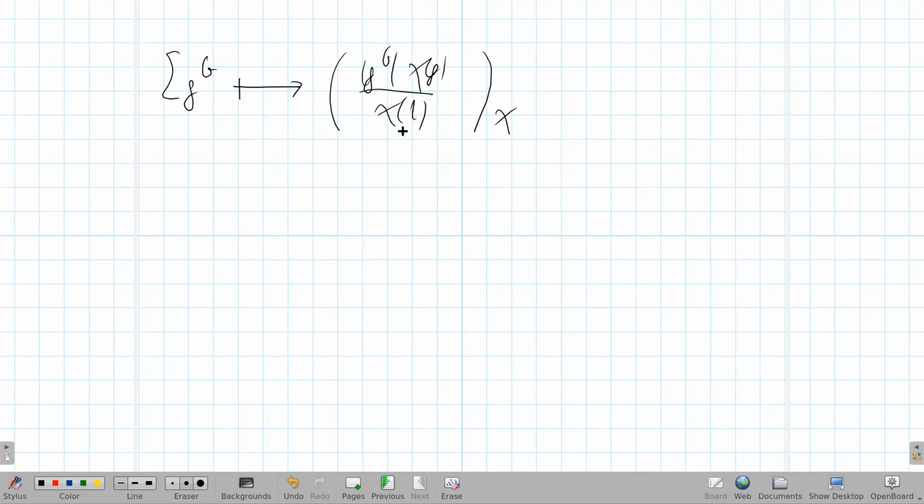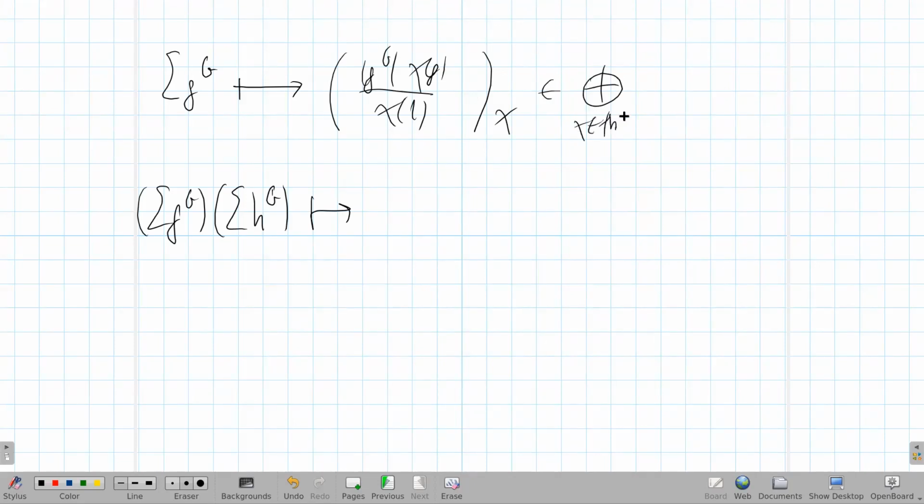So when you consider the product of the two classes, because this is what you are interested in, this is an isomorphism, so the product here corresponds to the product there. And the product there is simple because we have a direct sum of copies of C, so the operations are component-wise. So this goes into the product.